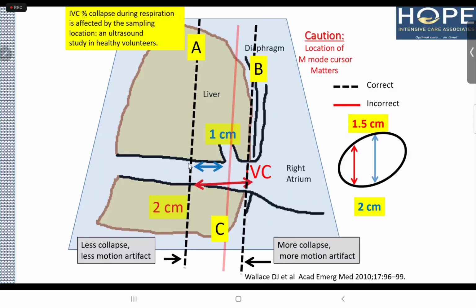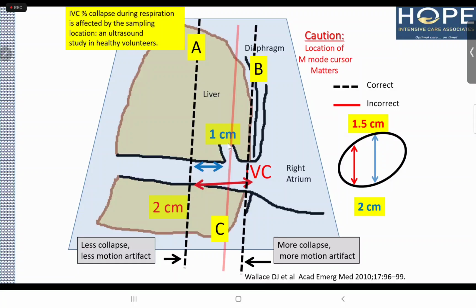IVC diameter needs to be measured perpendicular in the subcostal longitudinal view, where IVC enters the right atrium, from the vena cava to right atrial junction. We should have at least 1 to 2 centimeter distally, and certainly do not measure where this C line is.